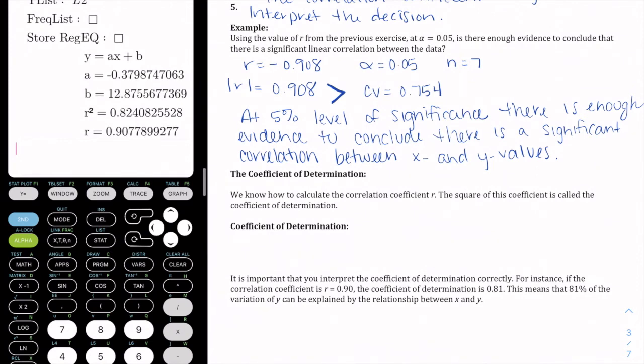So this is going to just simply be R squared. It's important that you interpret the coefficient of determination correctly. For instance, if the correlation coefficient is R equals 0.9, the coefficient of determination is 0.81. This means that 81% of the variation of y can be explained by the relationship between x and y.